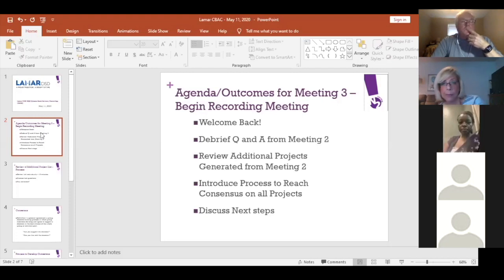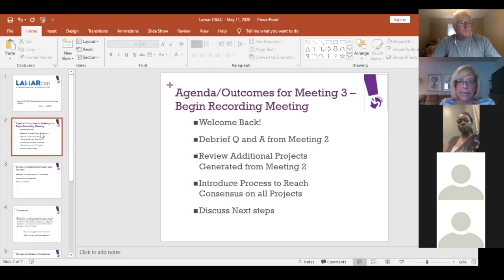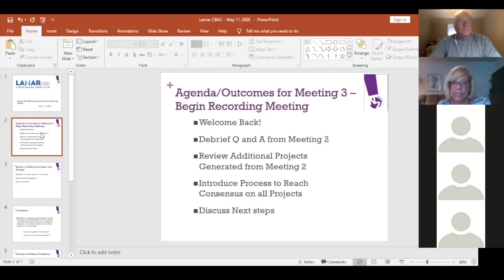Then we're going to talk about the process to reach consensus. Next week will be by far our most important meeting and one of our longer meetings, because we will reach consensus next week on all the projects. It's not just the additional ones that you added, it's the ones that we started with, the ones that came from the facility study. So you'll have everything gathered into one document.